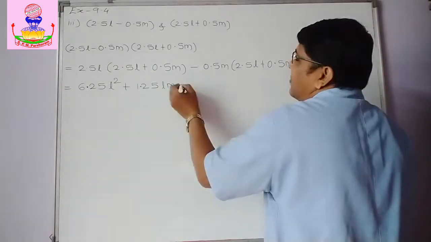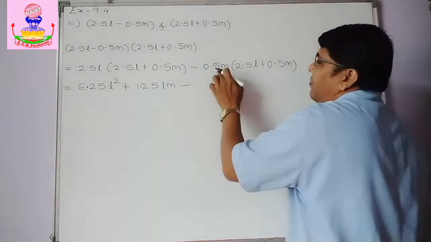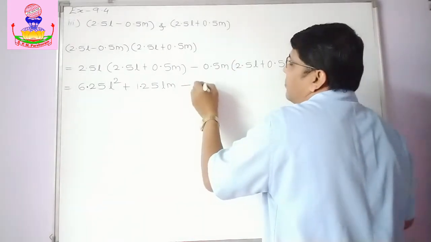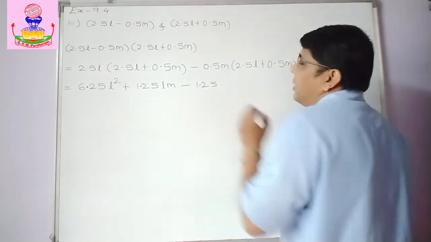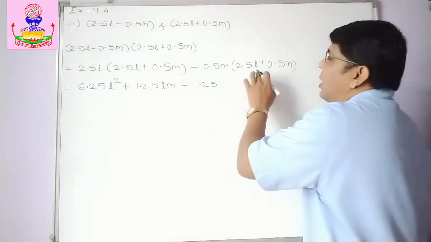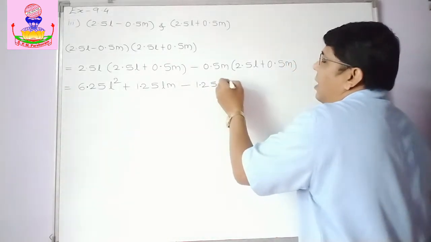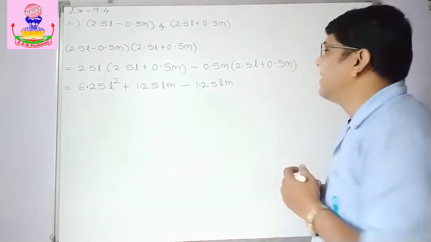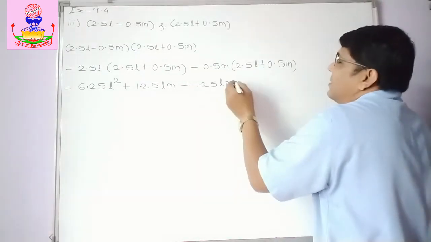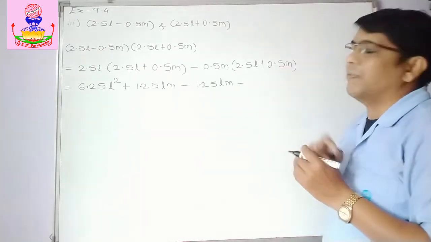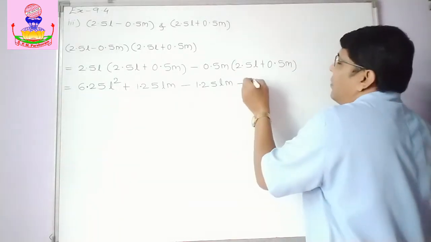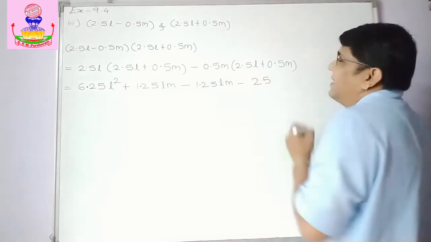Now, minus into plus, minus. Again, 25 5s are 125. So, same. Right, 2.5 into 0.5, so it will be 1.25. M into L, so that is LM. Okay, now minus into plus, minus 0.5 into 0.5, so 5 square, 25.